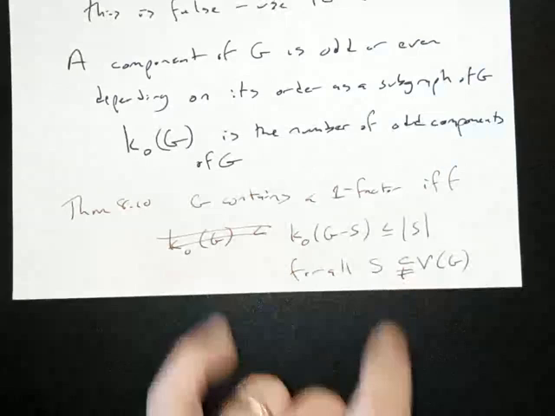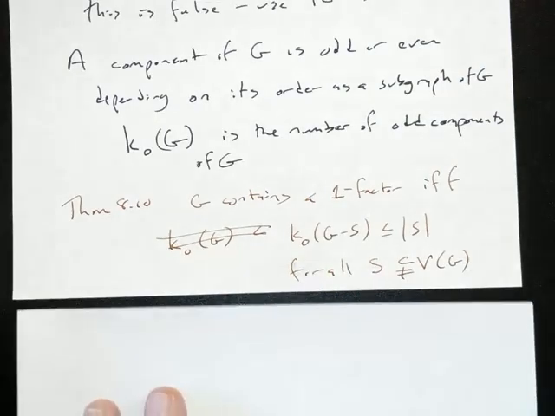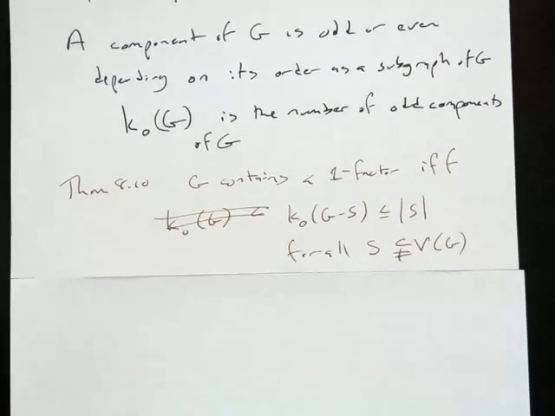If I take away any set of vertices and the number of odd components is less than or equal to the number of vertices I took away, then I have a one factor.